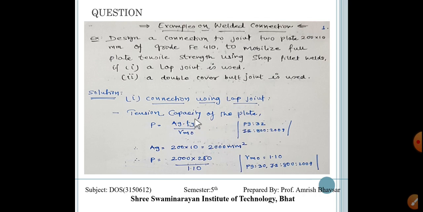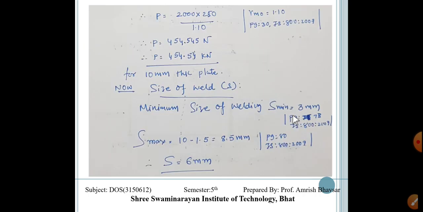In this case we have to take Fy, and for that we will take 250, and the value of gamma m0 is given on page number 30 in IS 800 2007. So put down all these values, so we get P equal to 454,545 Newton, which means 454.54 kilonewton.